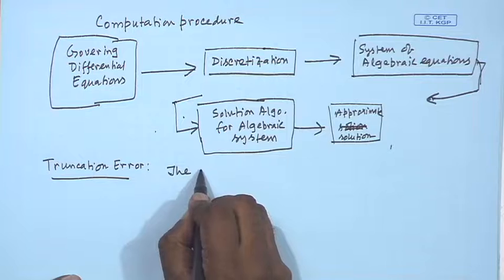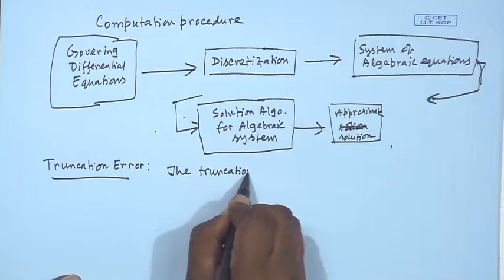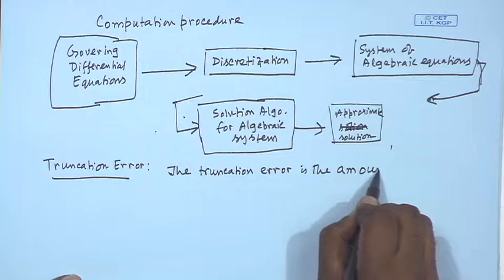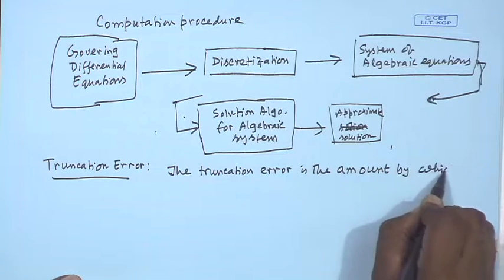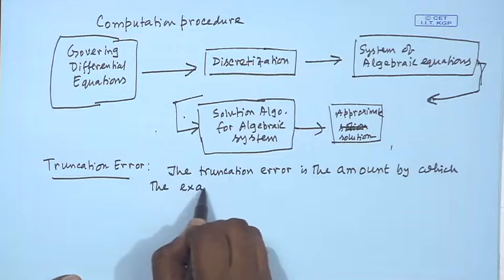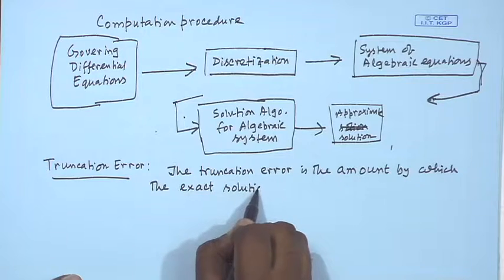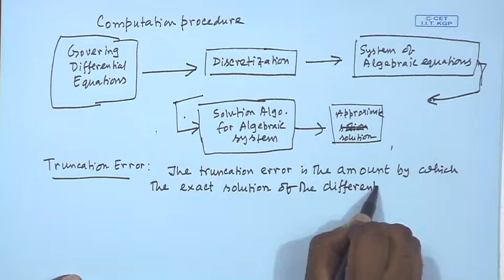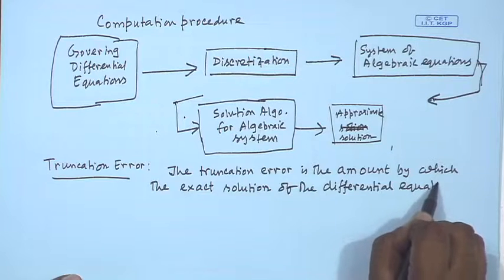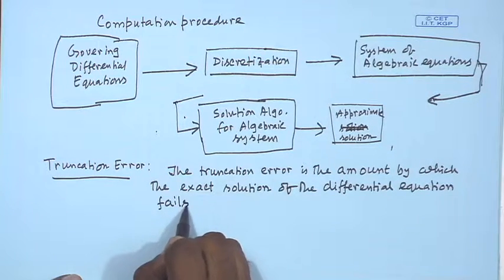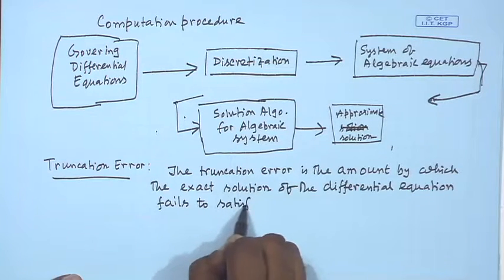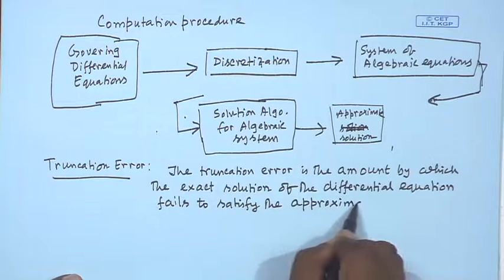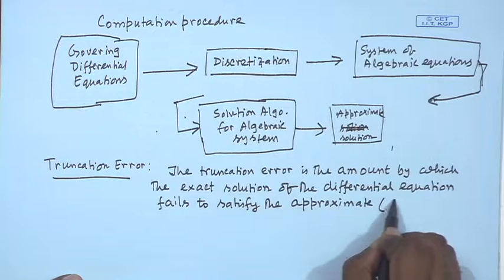It is the amount by which the exact solution of the differential equation fails to satisfy the approximate, here it is the finite difference equation.